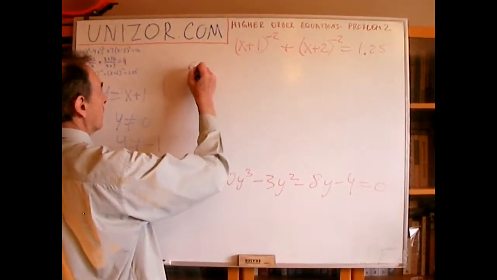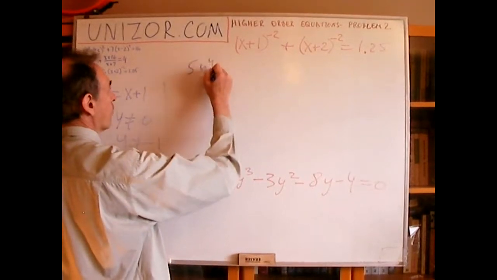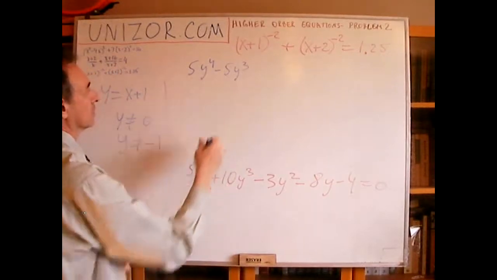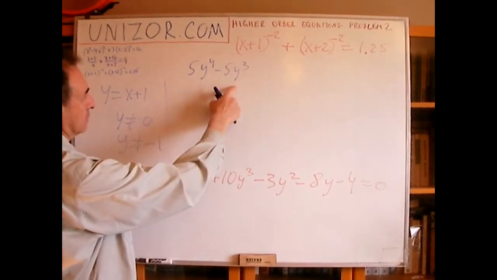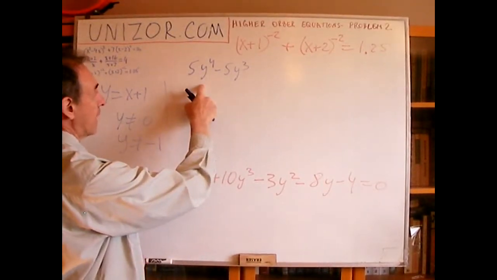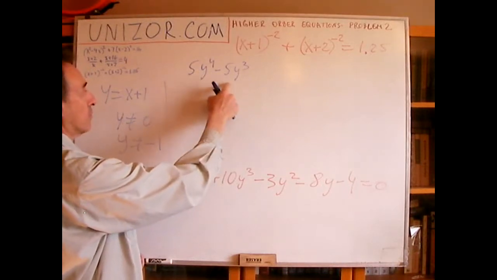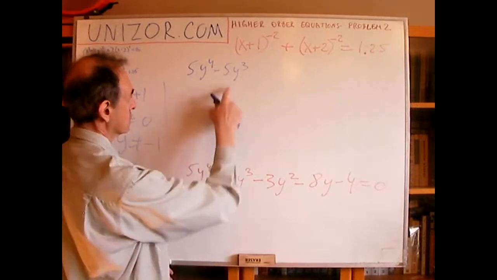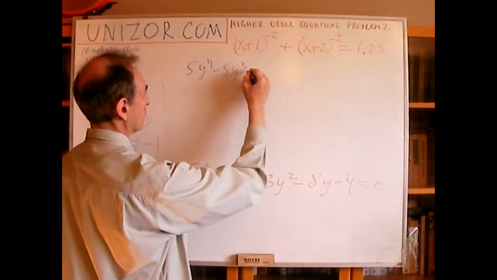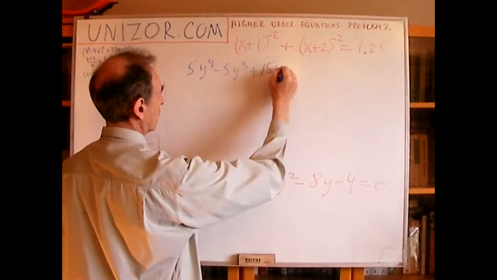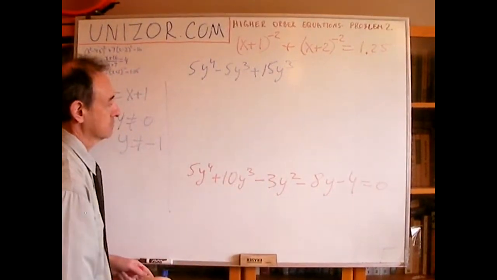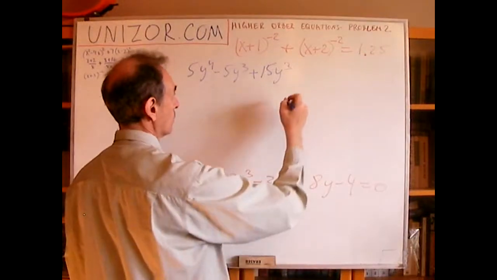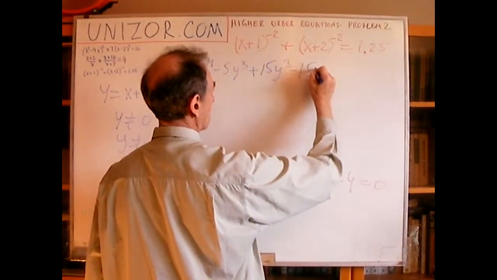Well, very simply. It's 5y to the fourth minus 5y to the cube. If you will factor out 5y cube, you will have y minus 1 left, right? Now, but we need 10. So minus 5, it means we have to add 15y cube, right? Now, to again factor out y minus 1, we have to subtract 15y squared.